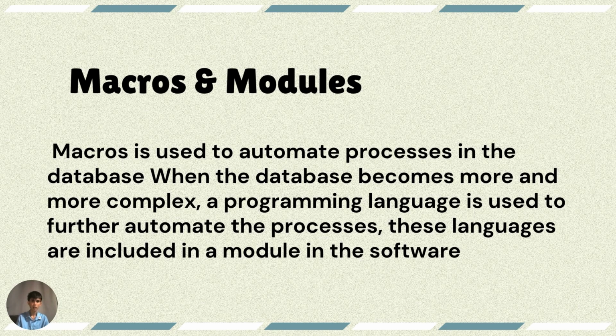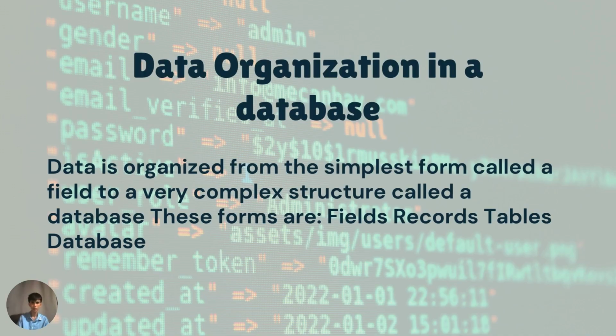Now, let's look ahead to how we organize our data within these databases. First, we start with the simplest unit, which is called a field. A field represents a single piece of data, like a name or a date. Next, we move on to records.